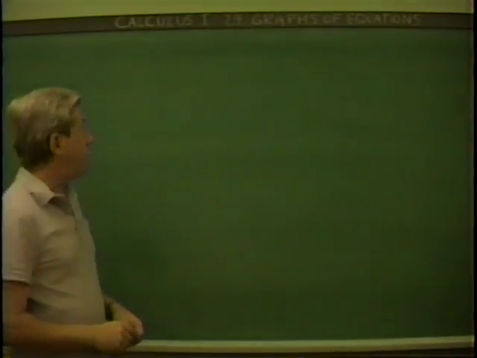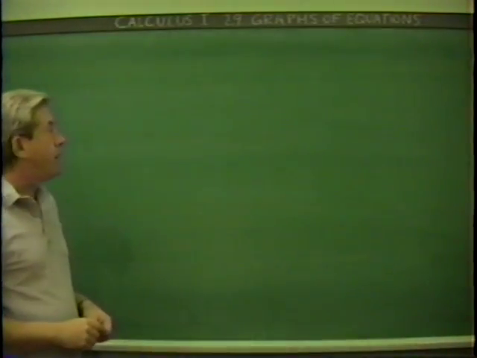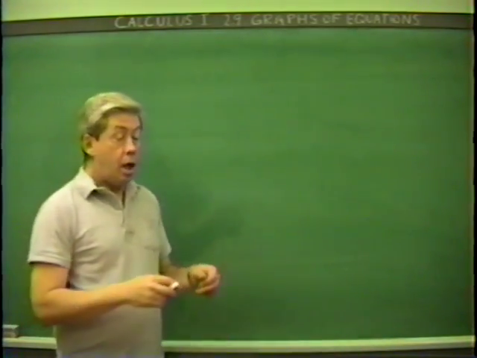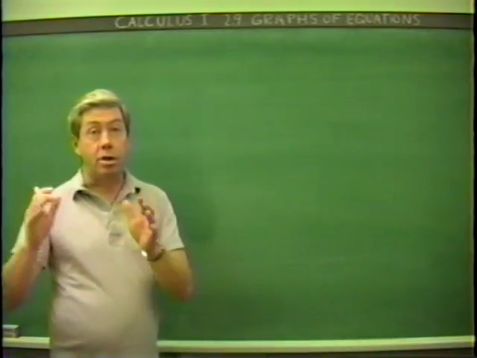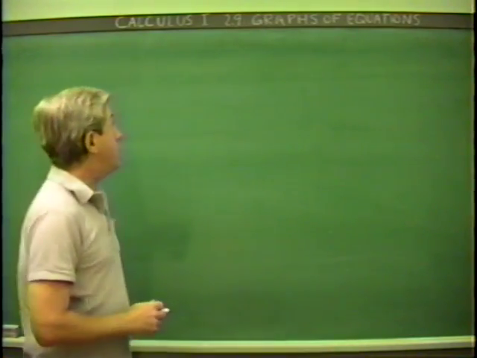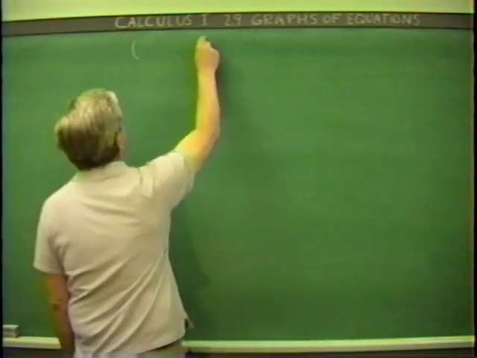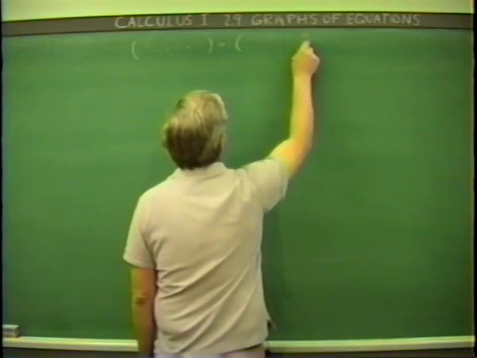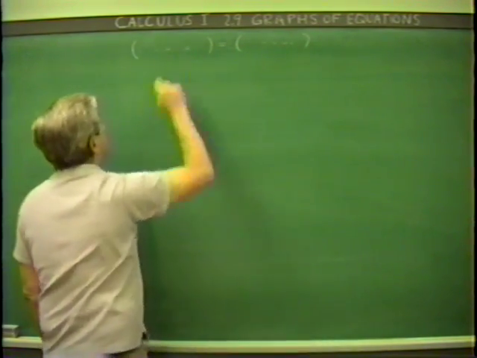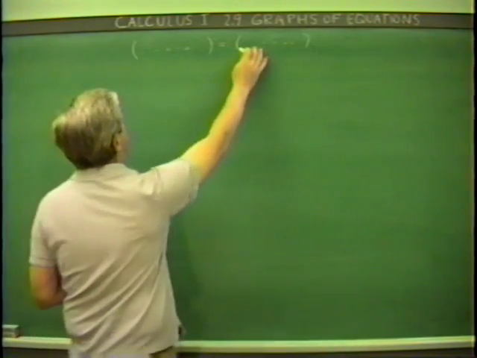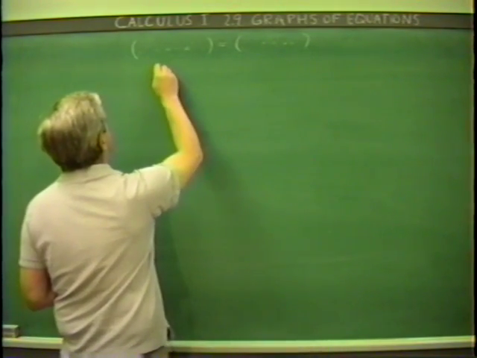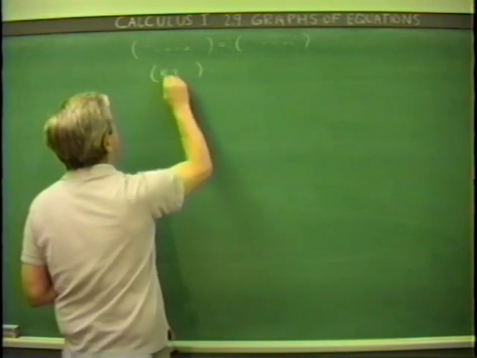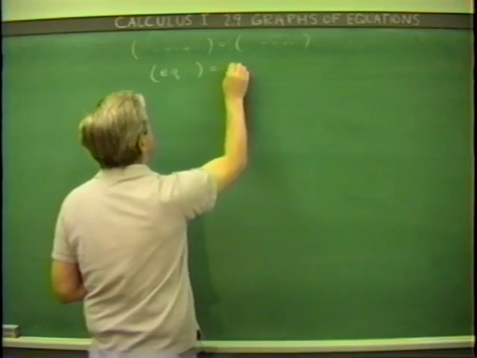I want to talk at this point a little bit about graphing equations. An equation is some expression in x and y equal to some other expression in x and y. Clearly, you could bring everything over to one side, so that we have some expression in x and y equal to 0.